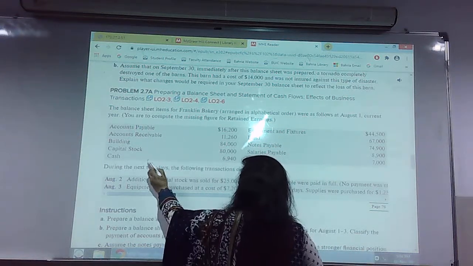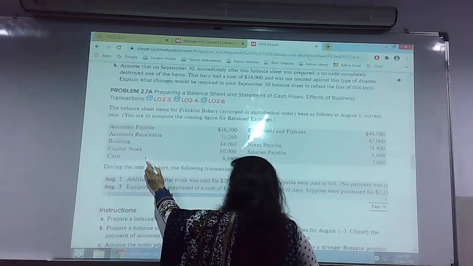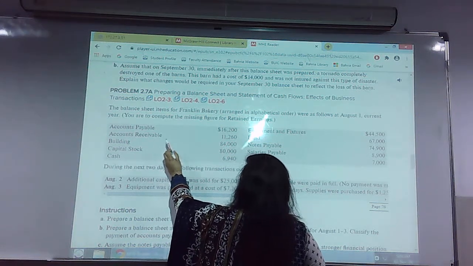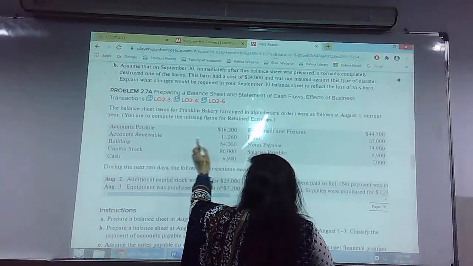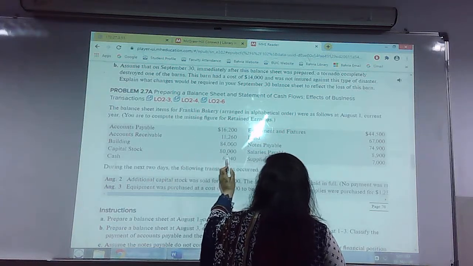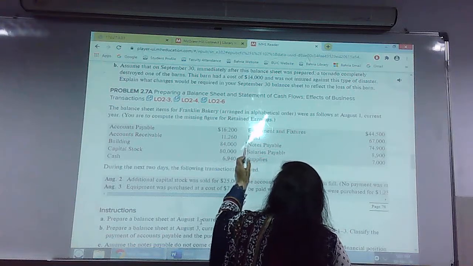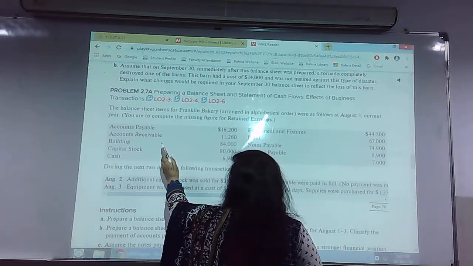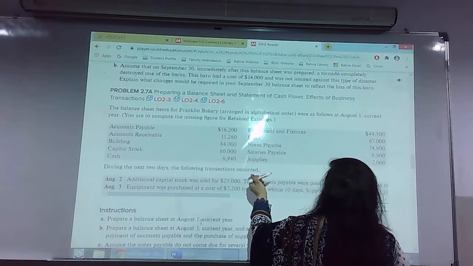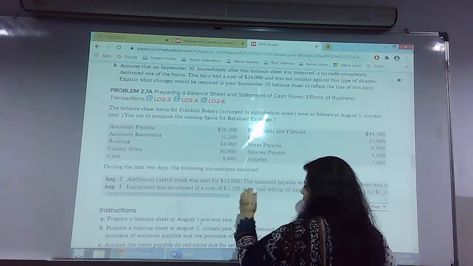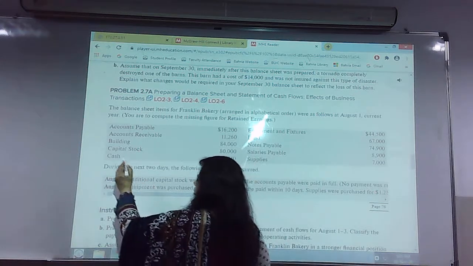The current assets are accounts receivable and cash, and equipment, land, and building are going to be the fixed assets. Similarly, your supplies are assets in between.